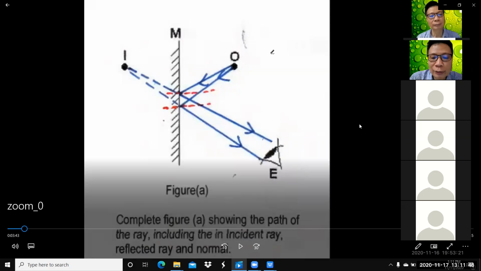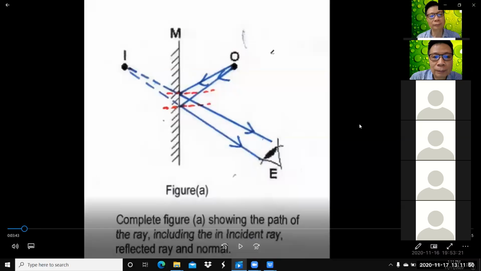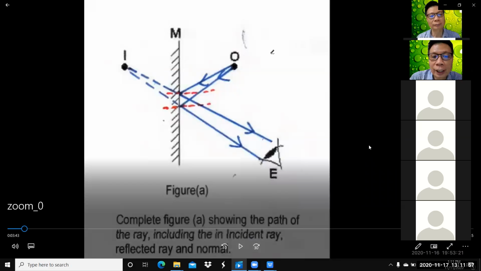Wait, 4S1, 4S3. Can see or not? Can see now, okay. Can follow the diagram. Draw the diagram, then you answer the question.